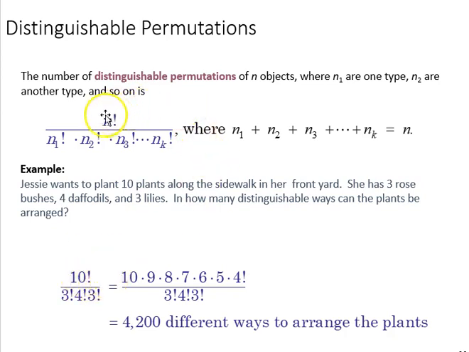That's n, the total number. So 10 factorial goes in the numerator. And then down in the denominator we have these 3 separate types of plants, the rose bushes, which are 3, the daffodils, which are 4, and the lilies, which are 3. And so we wind up with 10 factorial over 3 factorial times 4 factorial times 3 factorial. That gives us 4,200 different ways to arrange the plants.